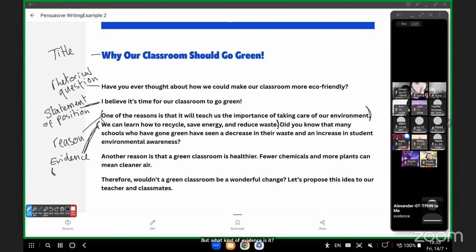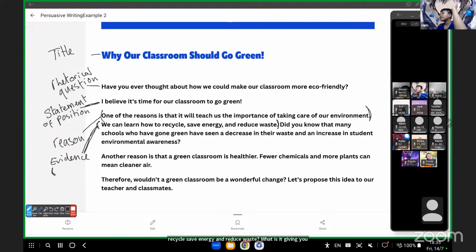So what is this evidence giving? If we can learn how to recycle, save energy, and reduce waste, what is it giving you? Me. It giving we more plant and can mean cleaning air.